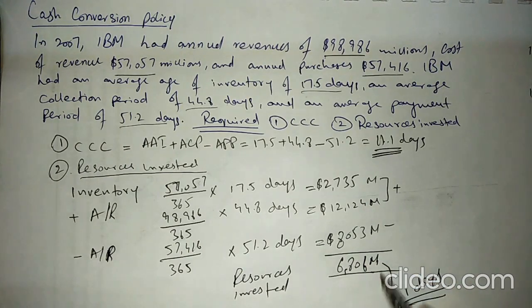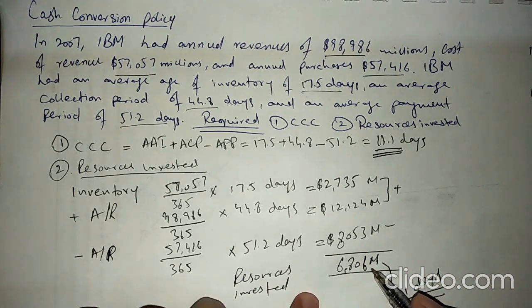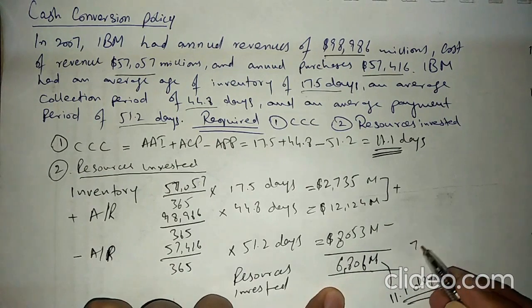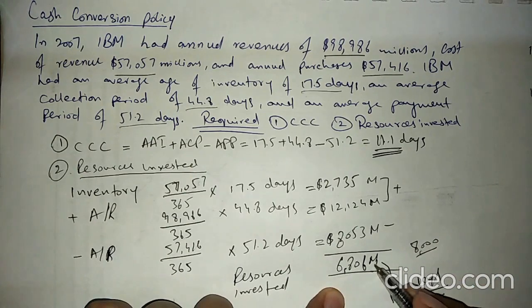If the company invests more money than their optimal level, it means that their cost of borrowing will be higher, their opportunity cost will be higher. This 6,806 is the optimal of working capital.